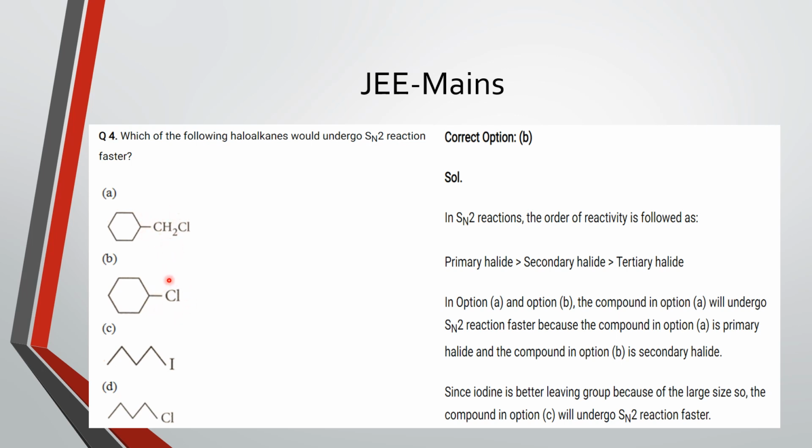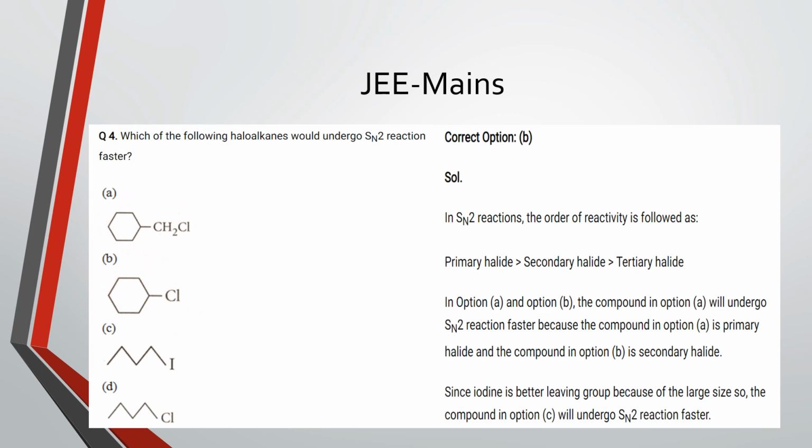And in B, the Cl is attached to this carbon atom, which is again attached to two different carbon atoms. So it is a secondary carbon atom. So in option B, the halide is secondary, and the carbocation which is generated is again secondary. Here in SN2 reaction, primary alkyl halides are more reactive as compared to secondary. So in A and B, if we have to decide the reactivity order, A will react faster as compared to B.